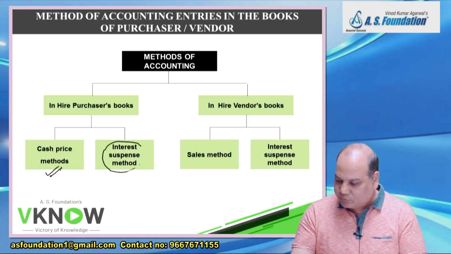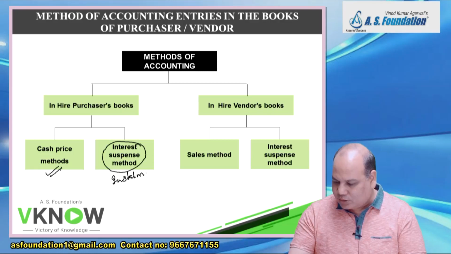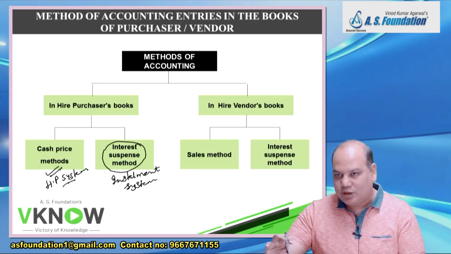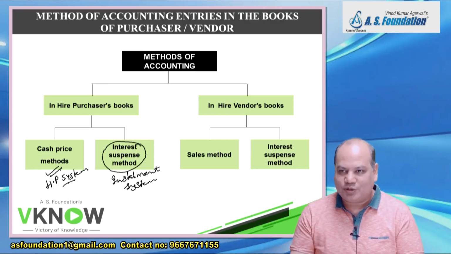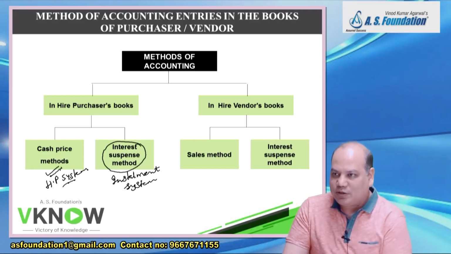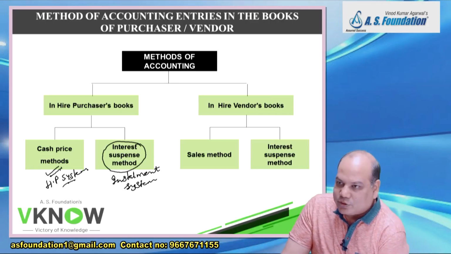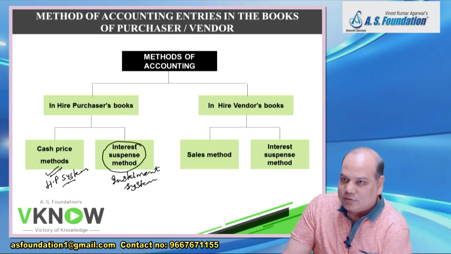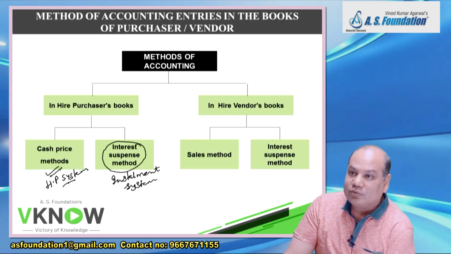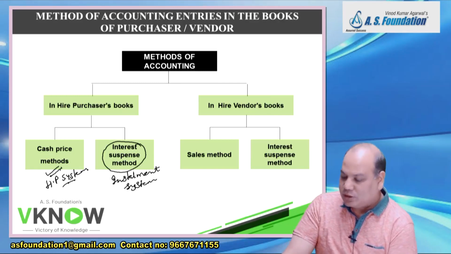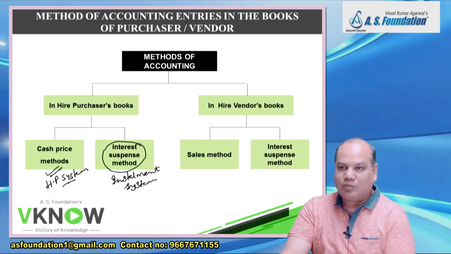Interest suspense method we will follow under what we call installment system, and cash price method we will follow under HP system. Although you can follow any method in either of the two systems, HP or installment, is it right? But for exam purpose, if the question is silent, follow cash price method for HP and follow interest suspense method for installment.